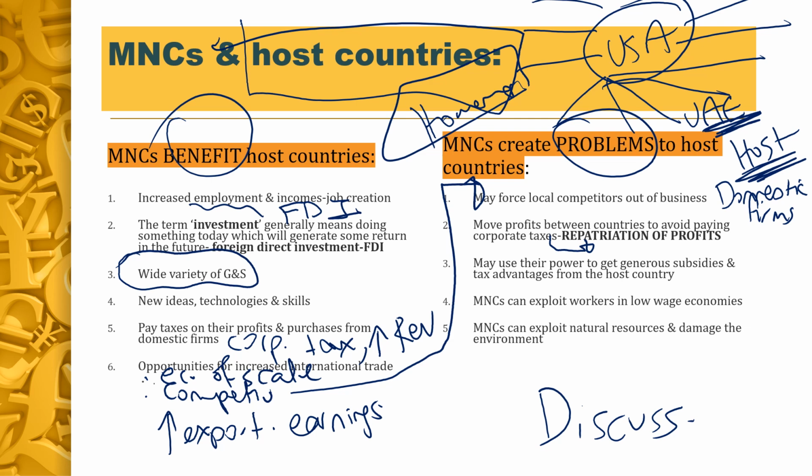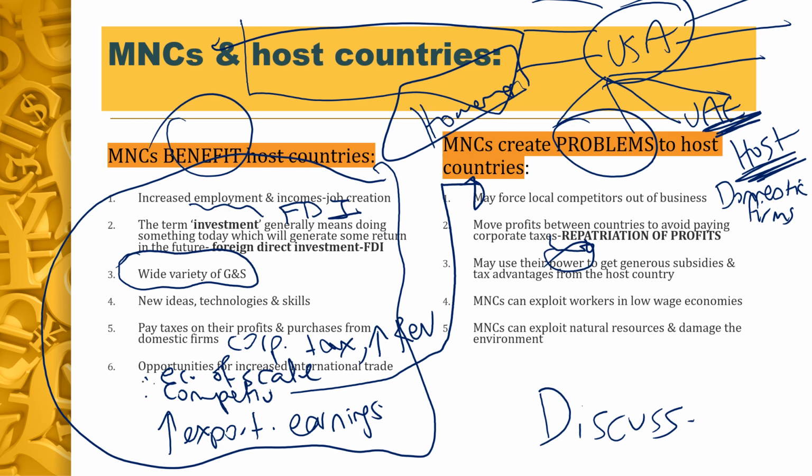The third problem would be that they might use their power to get generous subsidies and even tax advantages from the host country. From the MNC's point of view, they are doing the host country a favor because of all the advantages that we discussed before. The fourth disadvantage might be that they might exploit workers in low wage economies. Because they're massive firms and might start massive factories, they have a lot of job opportunities.